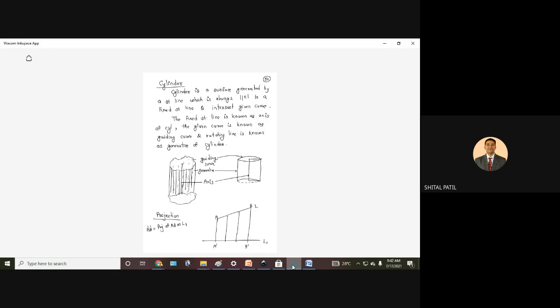Now say for the same line segment AB, I want to find the projection on line L2. What should be done? Again, the same procedure. From every point on the line AB, you draw the perpendicular. So from here, the perpendicular will be like this. From here, like this.